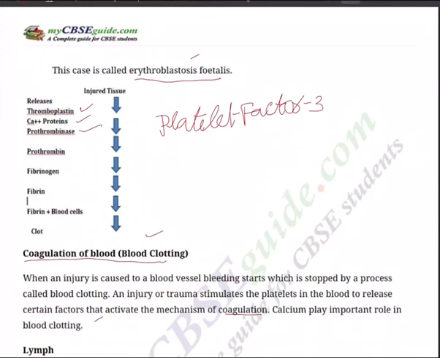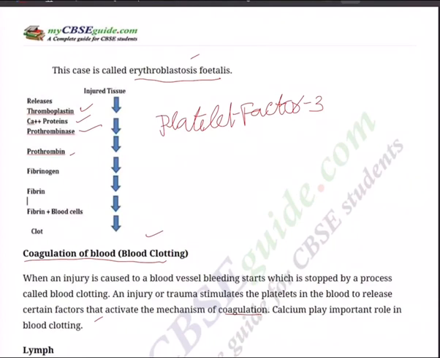This is most important. Prothrombinase is the enzyme that is present. What does it do? Prothrombinase enzyme breaks down prothrombin, that is an inactive plasma protein, into an active protein called thrombin. Prothrombin becomes thrombin. Okay? Thrombin is a very active protein, and some small peptide fragments also will be formed.